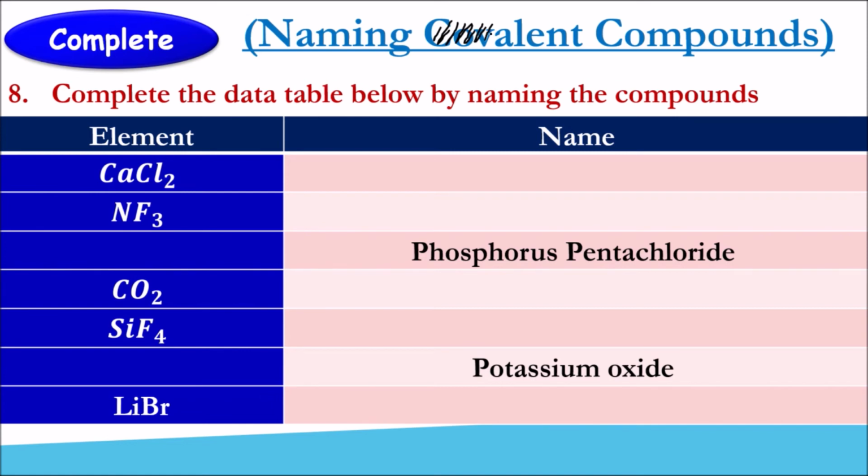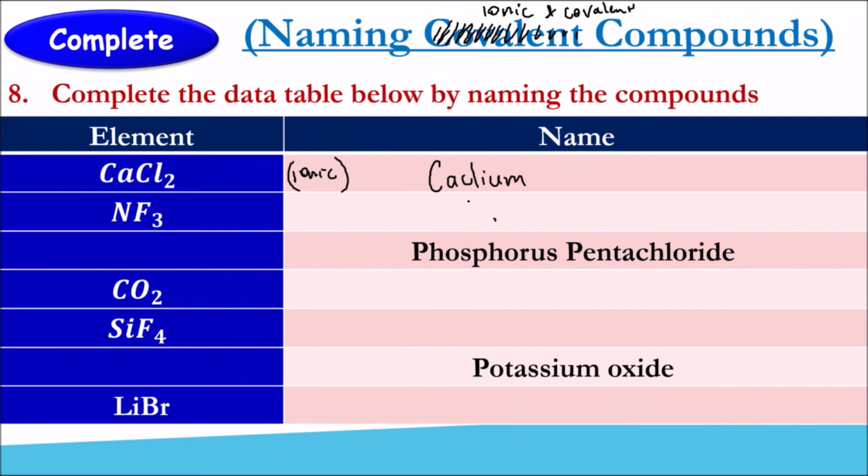Now this is not exactly covalent. This is naming ionic and covalent. Why do I say that? Because the first one we have here is a type of ionic compound. Now with ionic compounds, the metal name always comes first. It doesn't experience a change. So here we have Ca, which is calcium.